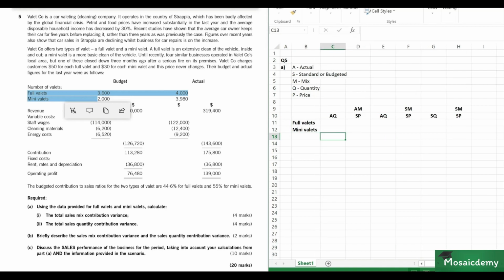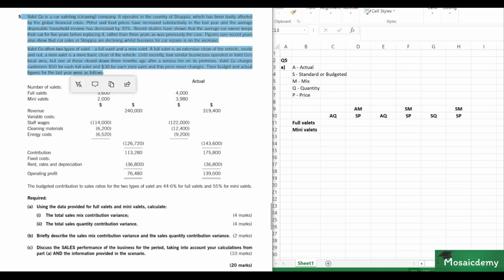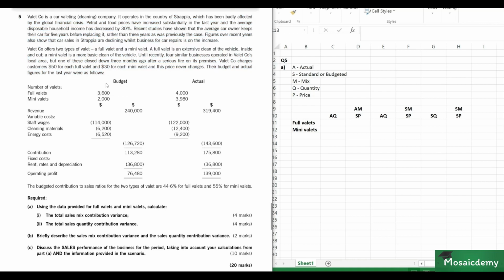Okay, so it's a variance calculation. So honestly, I don't think this information will be much relevant. We can go straight to the numbers, but to be safe, let's just quickly read through it and then we'll start. Okay, so it says Valet Co is a car valet or cleaning company. It operates in the country of Australia, which has been badly affected by a global financial crisis.